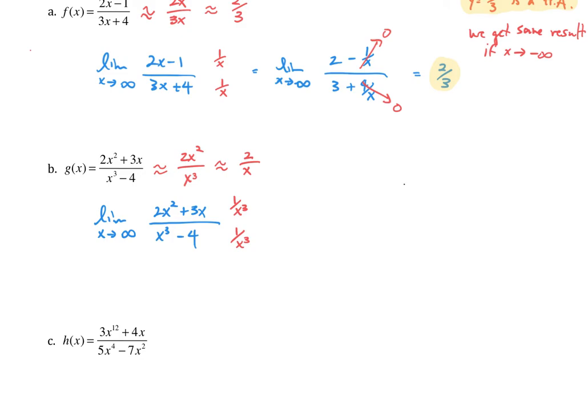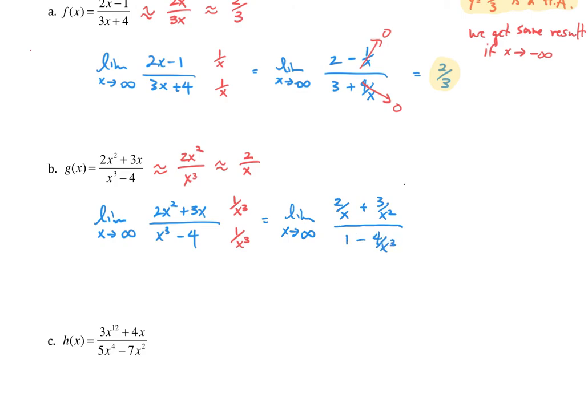After distributing, I get the limit as x goes to infinity of 2 over x plus 3 over x squared in the numerator. The denominator is going to be 1 minus 4 over x cubed.